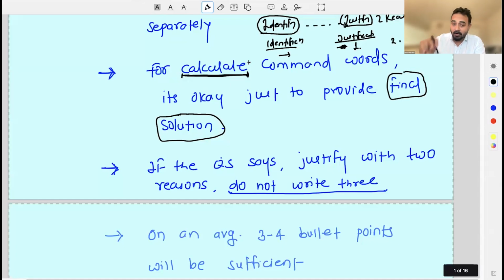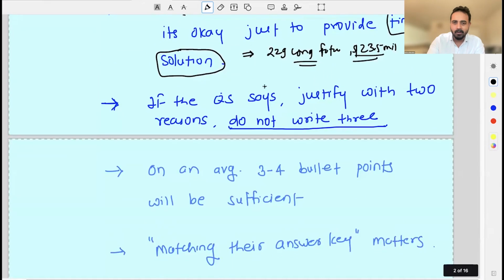I know it's helpful in one situation: if your final number is wrong, then at least if your formula was correct, you get some partial grades there, right? But honestly, the probability of that happening realistically is very, very low, because most of you have practiced enough, you've built muscle memory. If you remember the formula, you will be able to get the solution. So, back yourself a little bit. I would recommend, if it's a calculate command word, just write the answer as 229 long futures. That's it. Or $23.5 million. Nothing beyond that. Just a simple, straightforward, one-line answer.